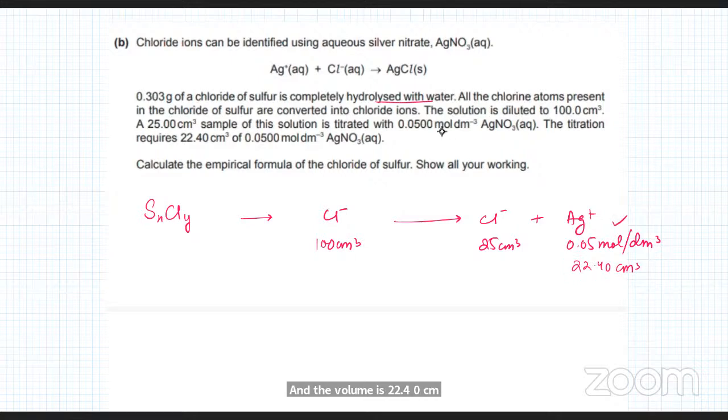Tell me the moles of silver ions. Moles of silver ions is 0.05 times 22.4 divided by 1000, that's 1.12 times 10 power minus 3, right?